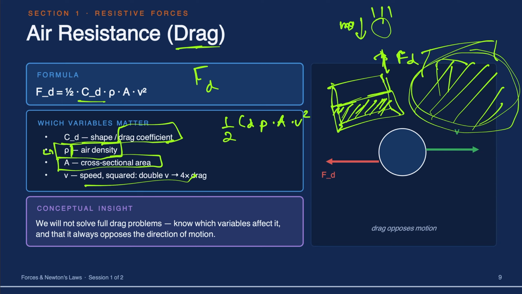What is actually falling? Where's the air hitting? That's going to be the cross-sectional area, or just the bottom of the block. The air is not going to touch the front of the block, just the bottom of the block, okay? So if your object has a greater cross-sectional area, then your air drag is going to be higher, which makes sense, right?